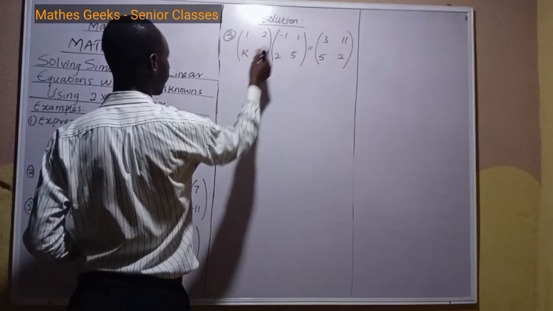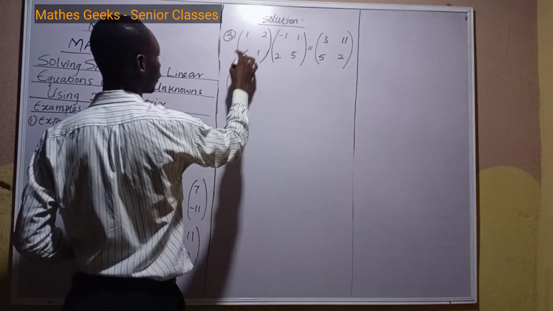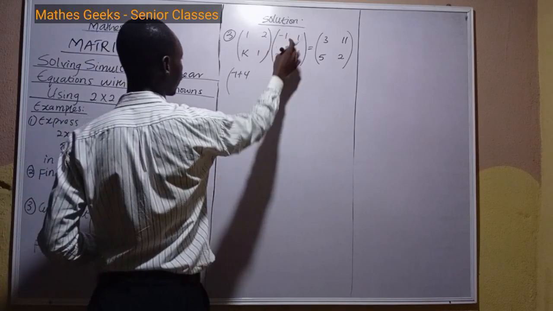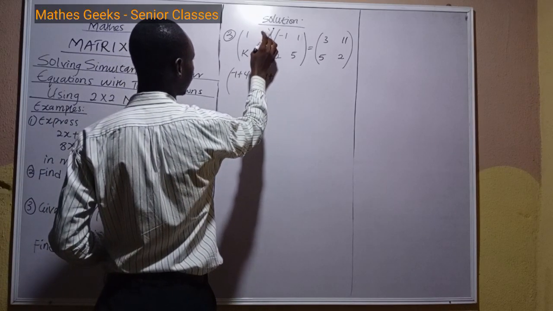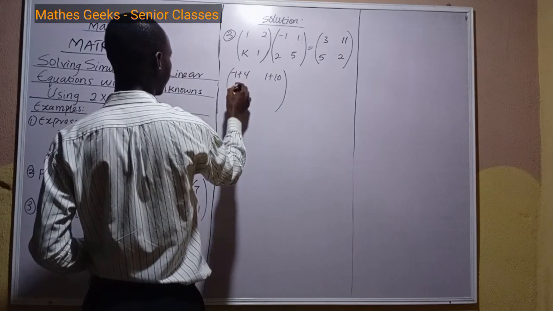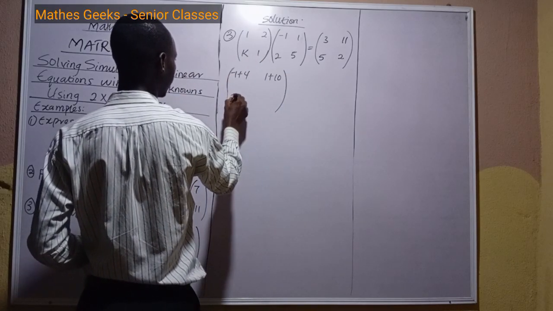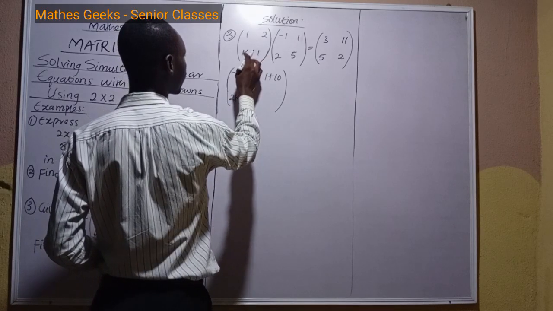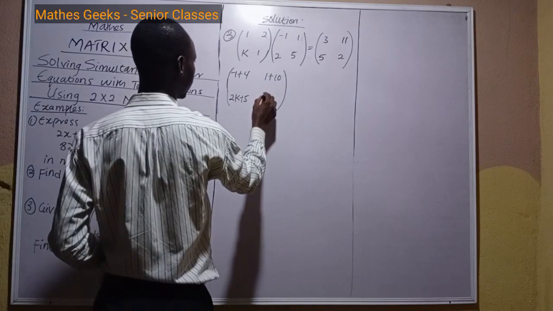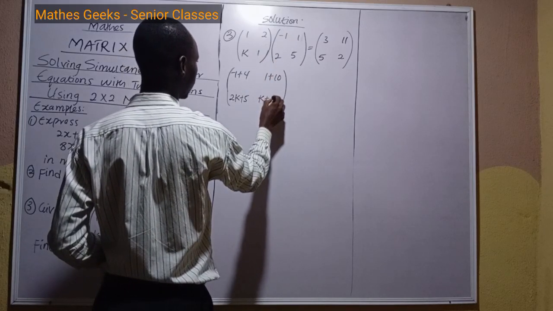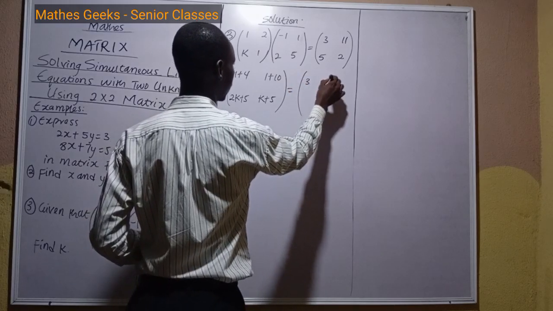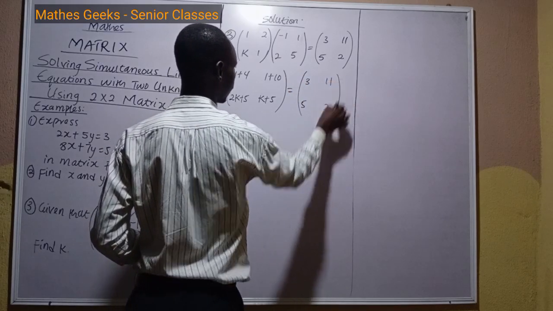Let's multiply. 1 times minus 1 is minus 1, plus 2 times 2 is 4. 1 times 1 is 1, plus 2 times 5 is 10. k times minus 1 is minus k, plus 1 times 2. k times 1 is k, plus 1 times 5 is 5. So we have the matrix minus 1 plus 4, 1 plus 10, minus k plus 2, k plus 5, which equals 3, 11, 5, 2.